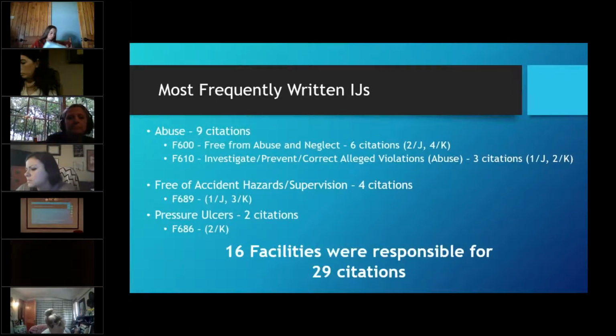So scope and severity J is isolated. Maybe it's not necessarily pervasive through the whole facility or widespread or even a pattern. Maybe it's not even one resident, but it's one staff, and the minimal harm is with the 2 residents that they worked with. It can be with one resident or one staff, but anyway, that's where isolated comes from.